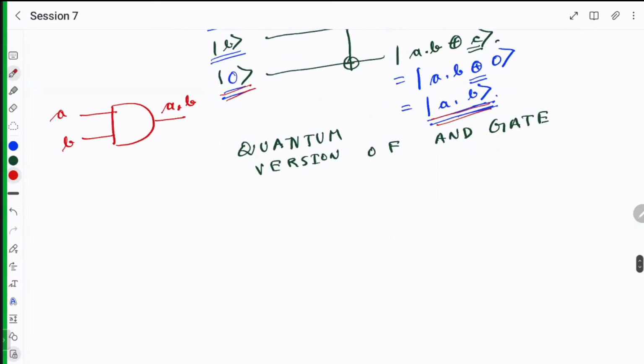So can I have a circuit? My question is, can I have a quantum circuit corresponding to an AND gate with two qubits?